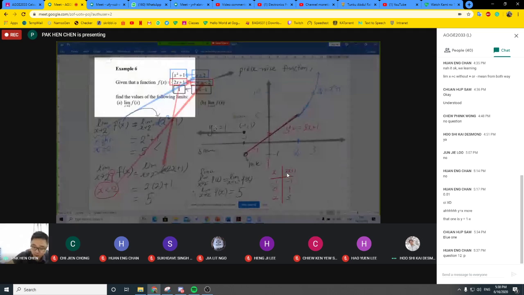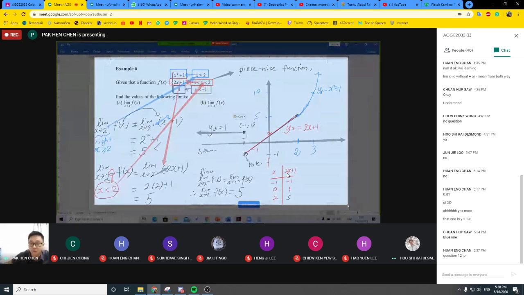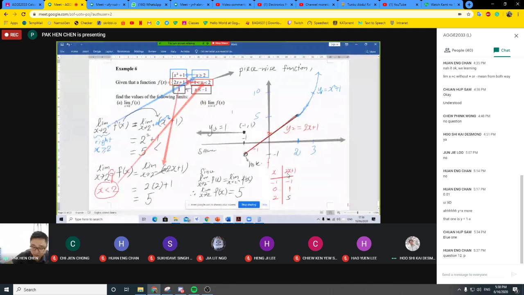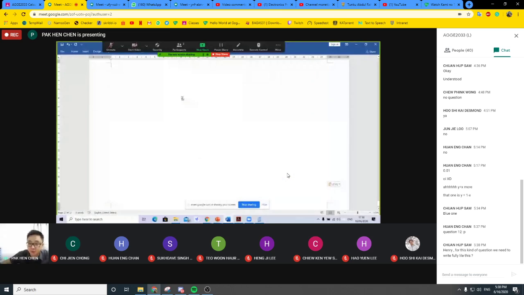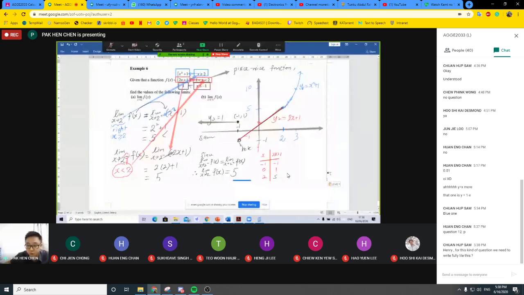When you work out this question, actually you do not need to draw the graph. I'm sketching a graph just for your understanding. It will help you understand better what we are actually looking at. So for the next one, I'm not going to refer to a graph.